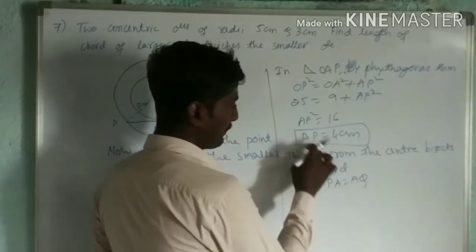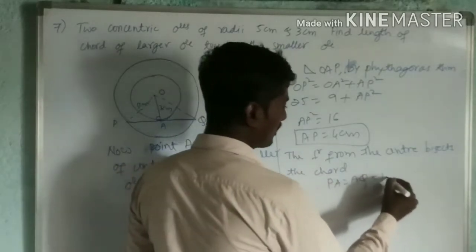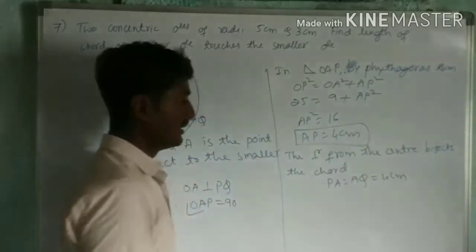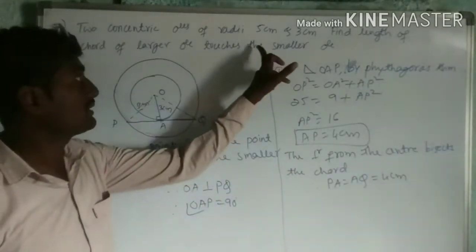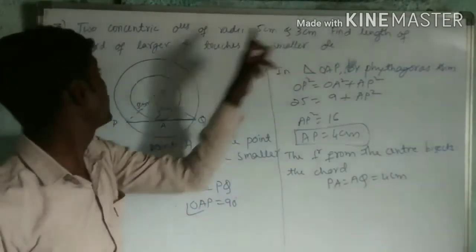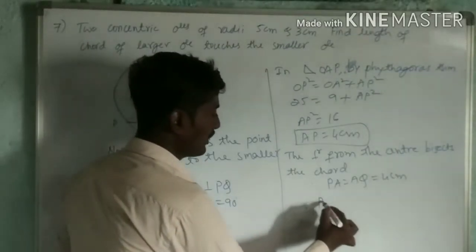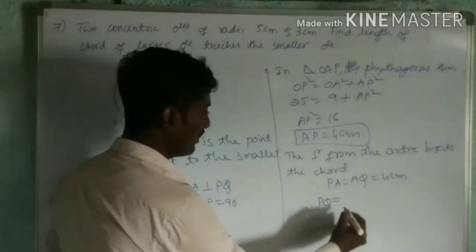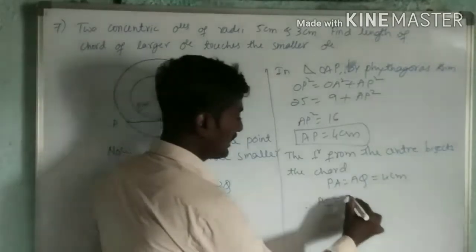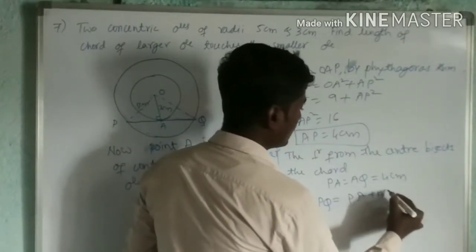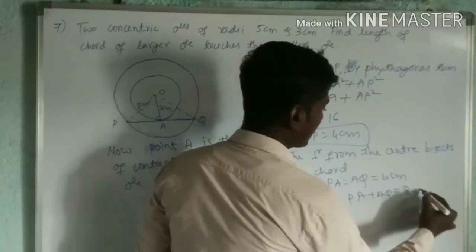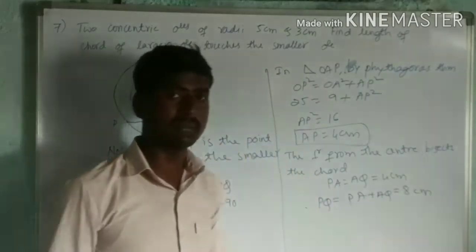You already got PA or AP, both are the same, equal to 4 centimeter. But I want the length of the chord of the larger circle, PQ. Therefore PQ is equal to PA plus AQ, which is 4 plus 4, that is 8 centimeter.